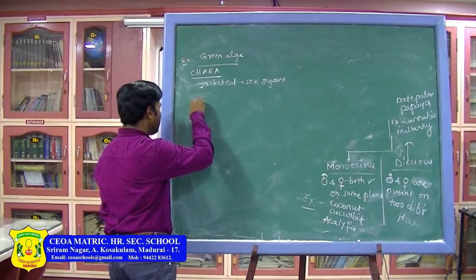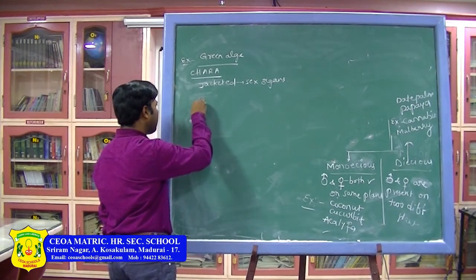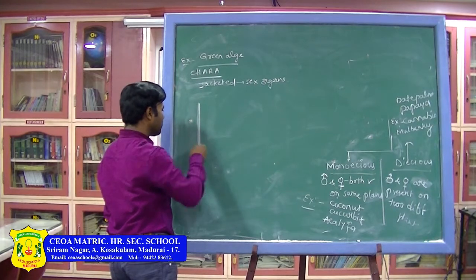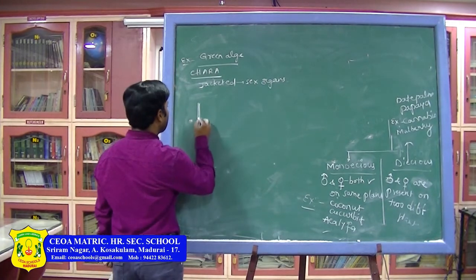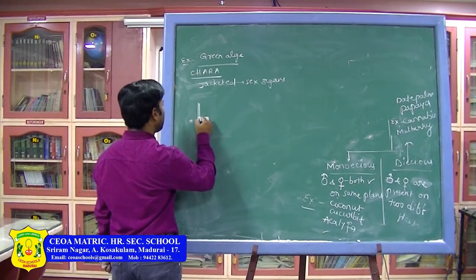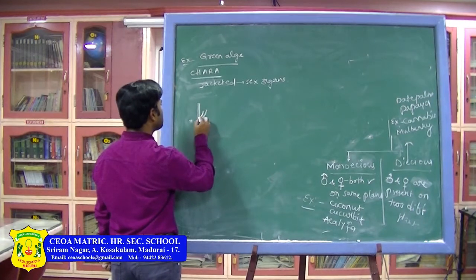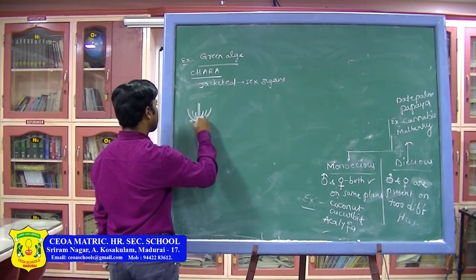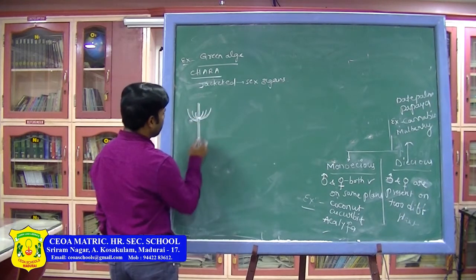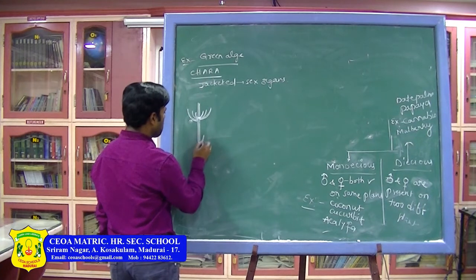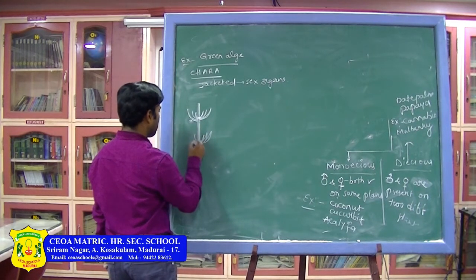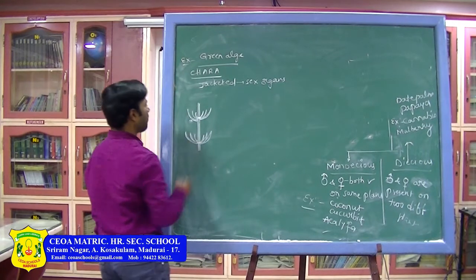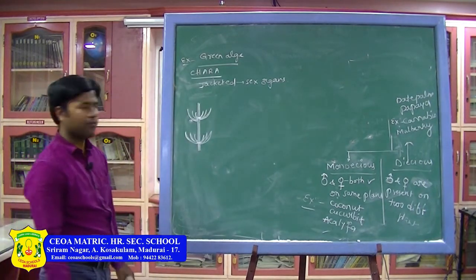Usually, for example, if you take this Chara plant, here the node is present, and these are the leaves. Again, like that the Chara plant is present.